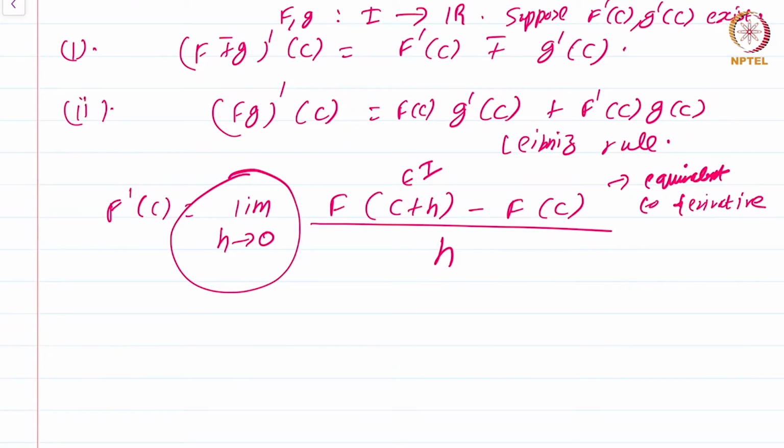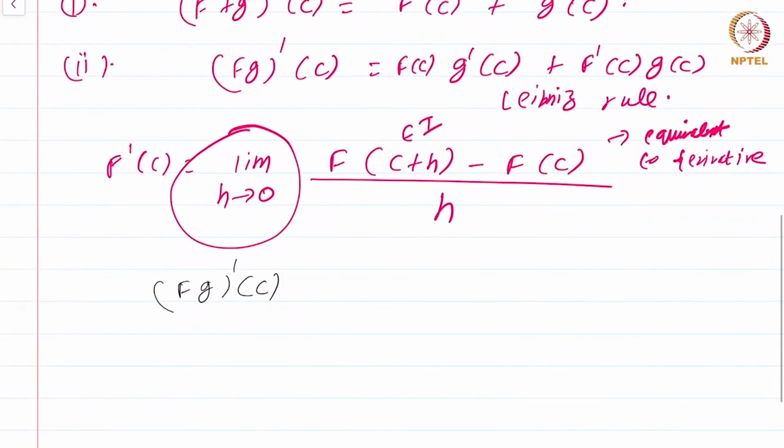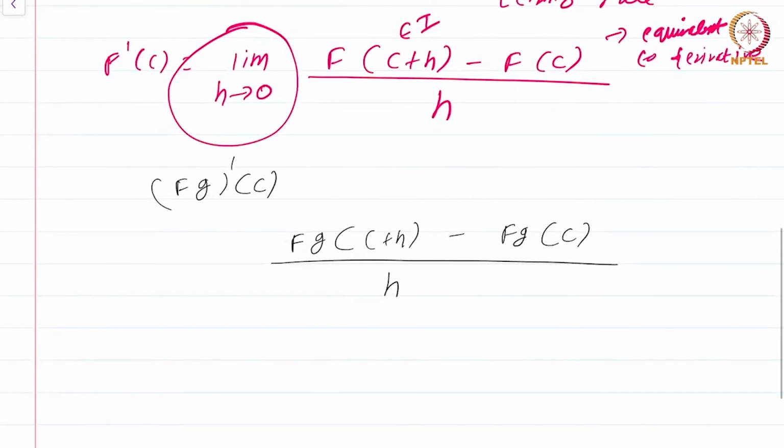Okay, so now that we have rewritten like this, let's write what fg should be. So fg prime at c has got to be the limit of some quotients. So let me just write those quotients. It's got to be fg of c plus h minus fg of c divided by h. I want to analyze this quotient. Well, of course, we pull the standard trick that we are all familiar with.